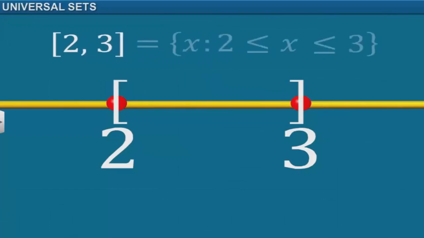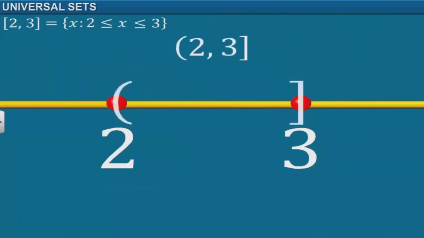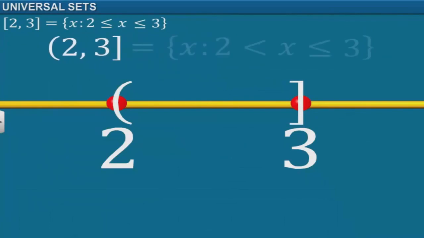In set builder notation, the interval is represented as shown. The second interval is all the numbers within the interval 2 and 3, excluding the number 2. This is represented in set builder notation as shown.